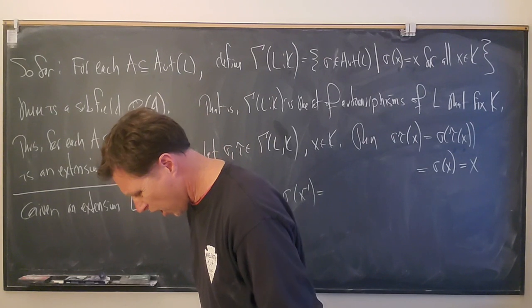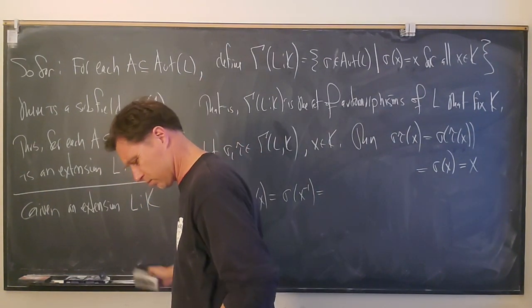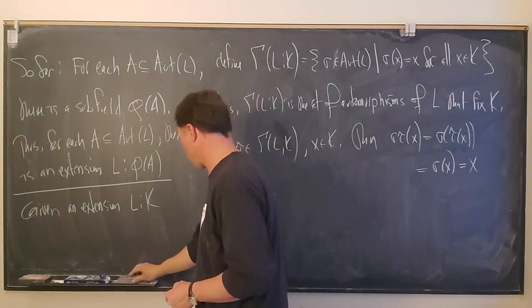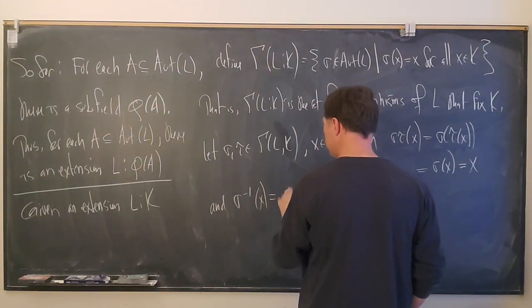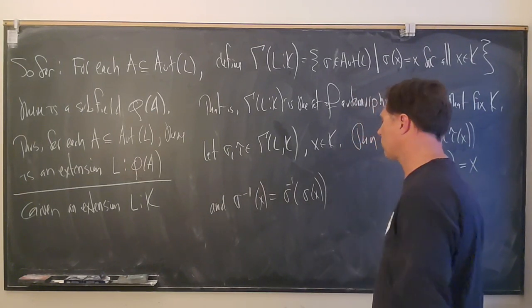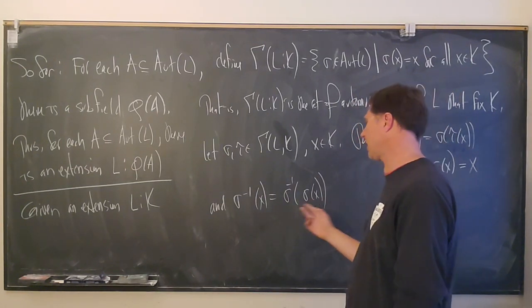Let me say this a little bit smarter here. I want to do it like this. We know that sigma inverse of x is equal to sigma inverse of sigma of x. Why is that? Because sigma of x is equal to x.